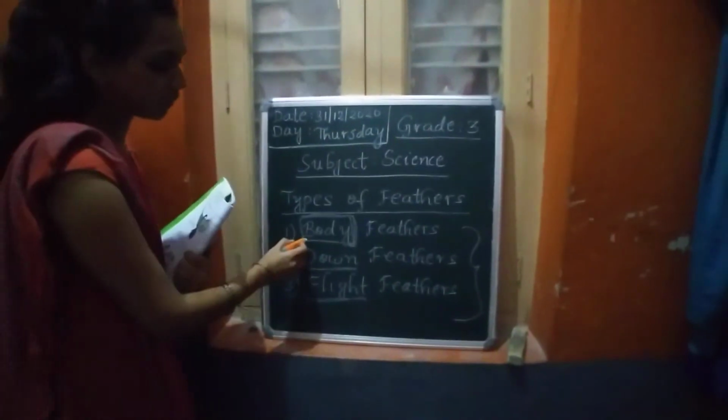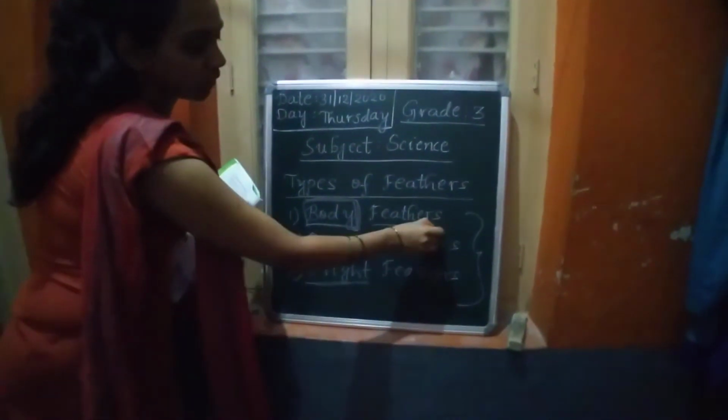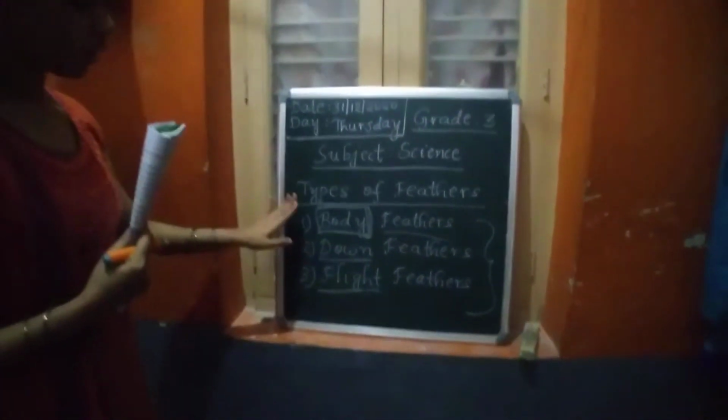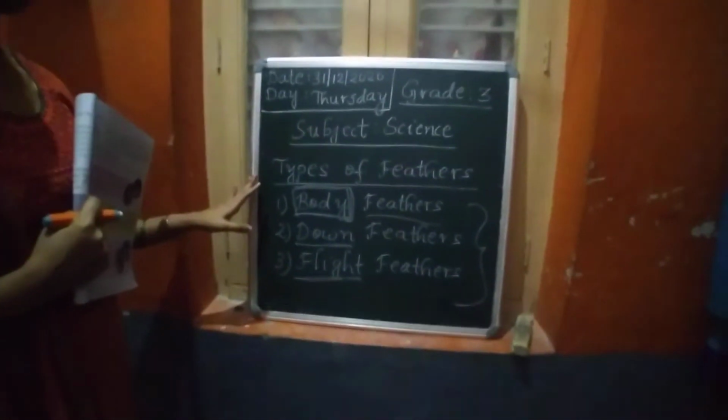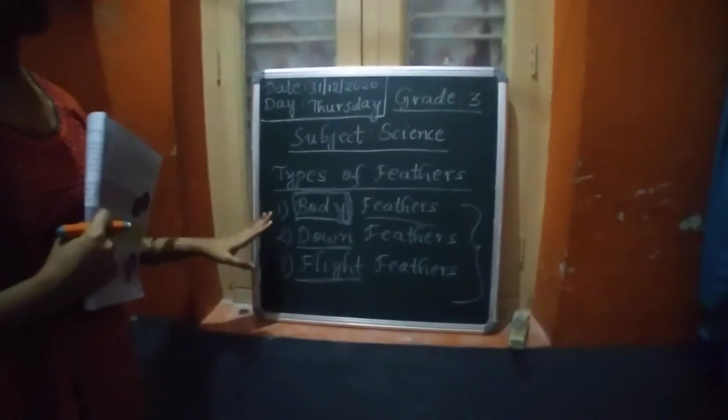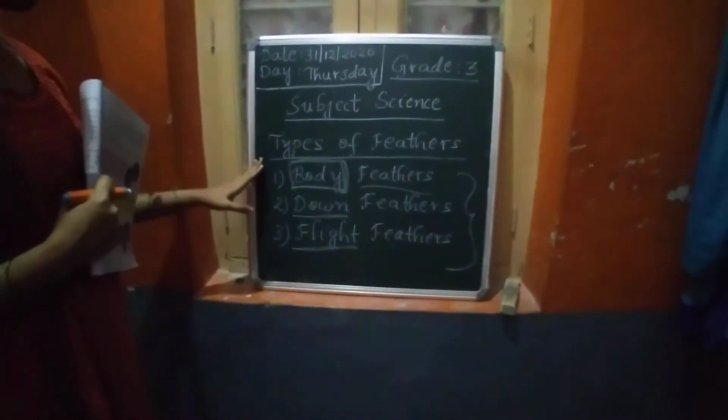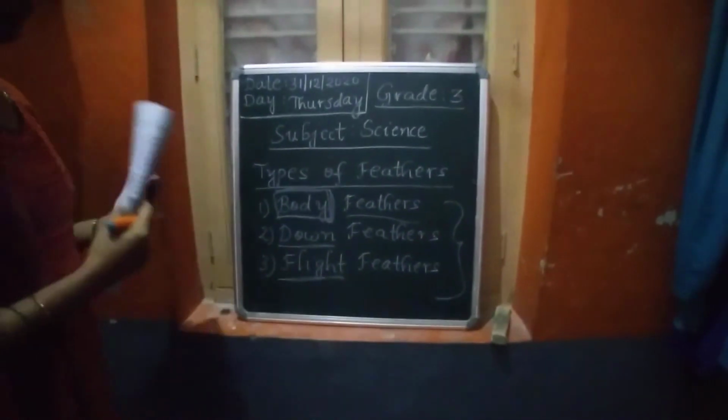That is why it is called body feathers. Children, I'll repeat again. Body feathers are nothing but the colored feathers which cover the entire body of the bird. That is why it is called body feathers.